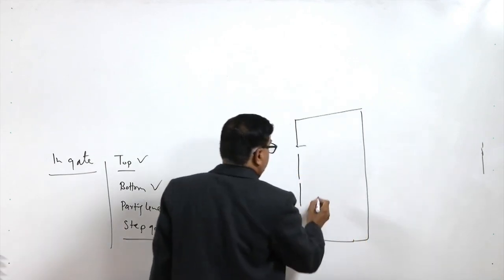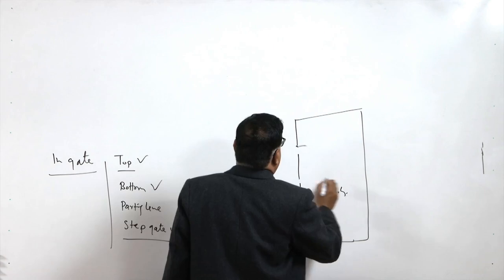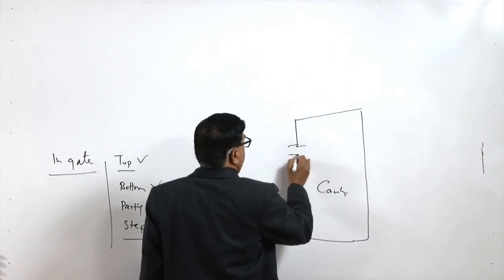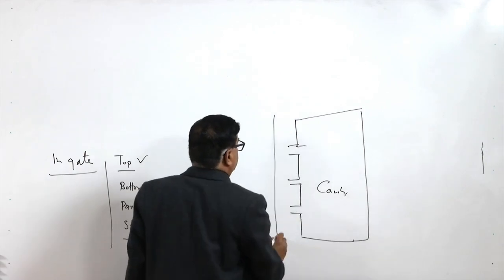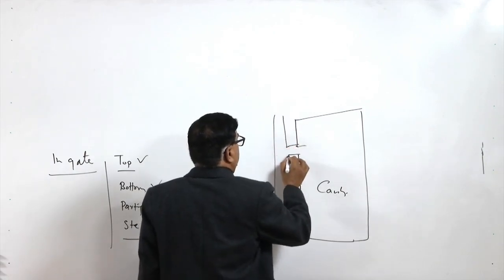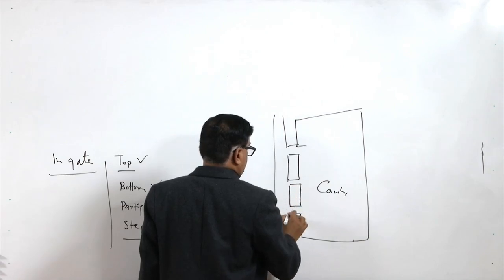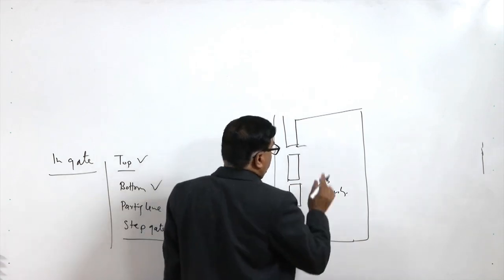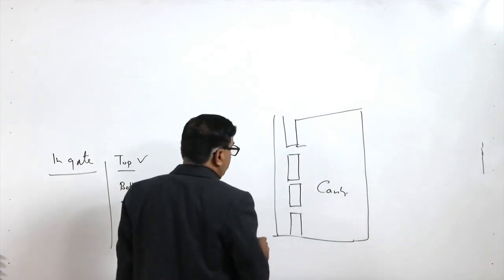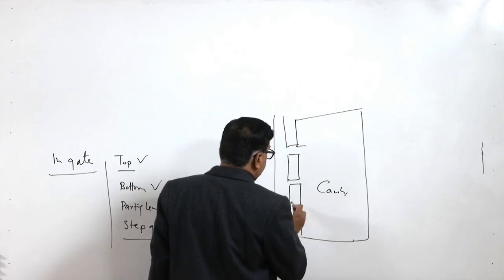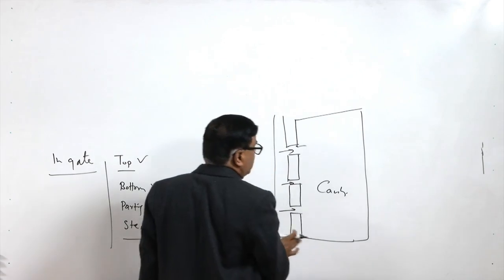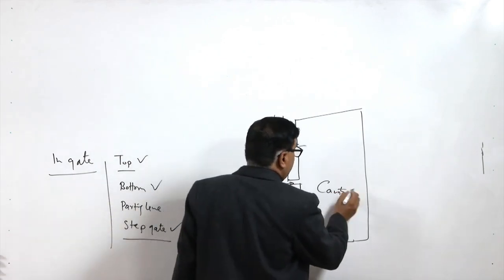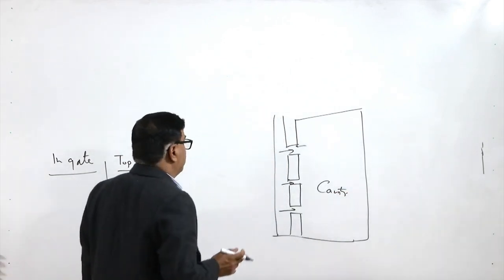Like this is the cavity, and these are the in gates, and this is the runner. This is the top view of the cavity. So, here molten metal will be fed through these different in gates at the same time. So, the large size cavity can be filled in the minimum possible time through this number of gates.